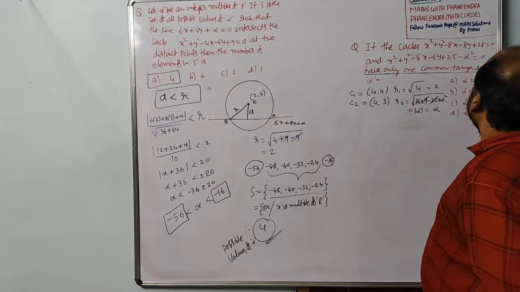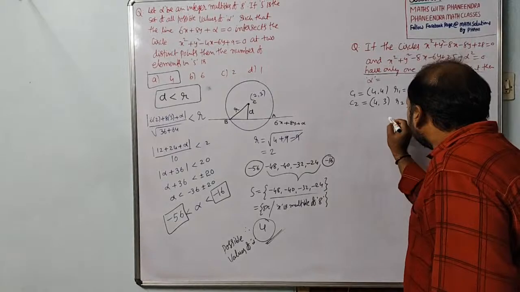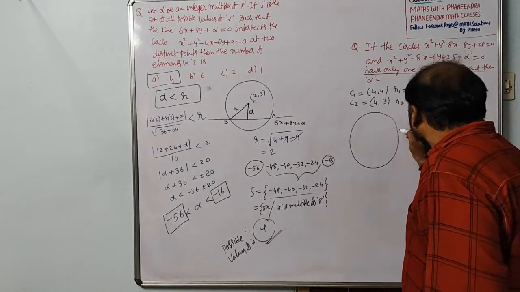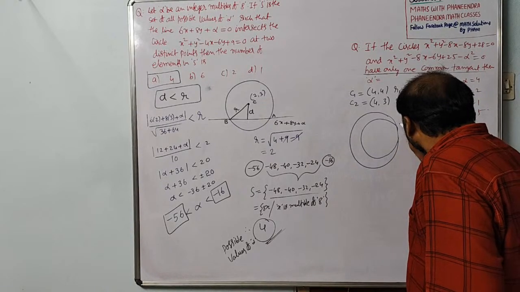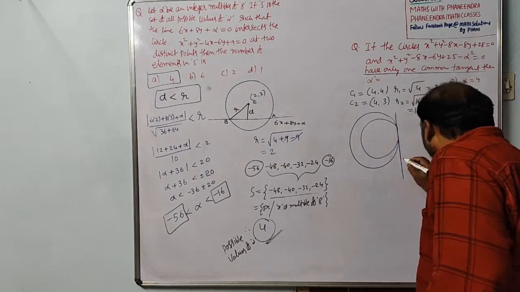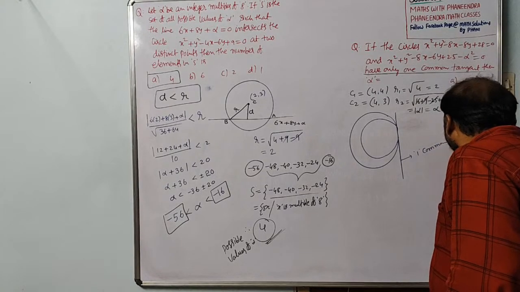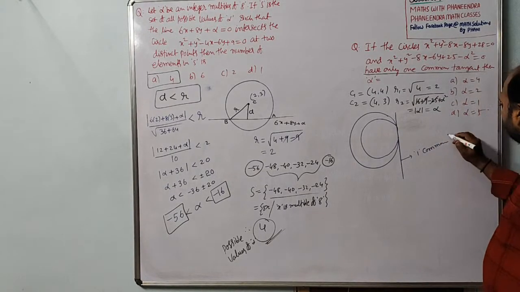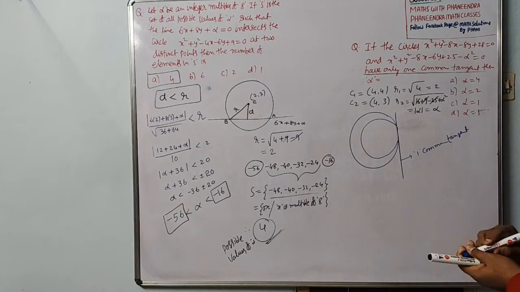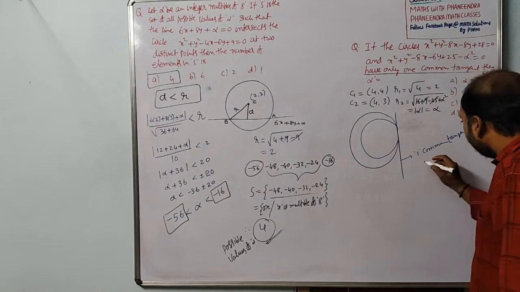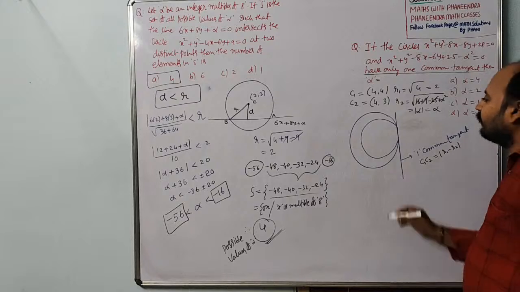Since we have only one common tangent, when will it be available, dear students? When the circles are in this form, then only. So only one common tangent. When one common tangent is possible, whenever C1C2 is equal to mod R1 minus R2.